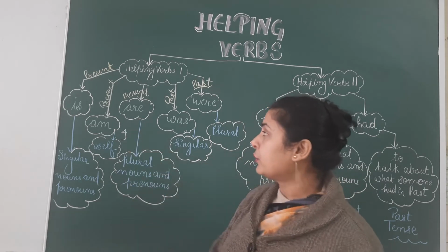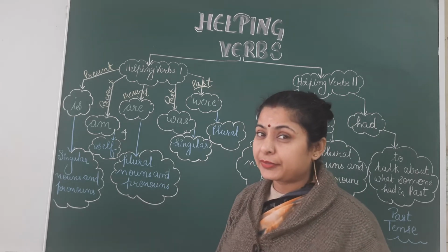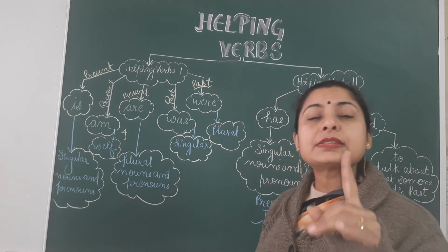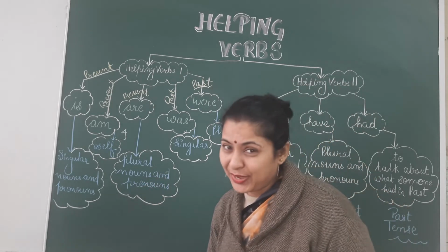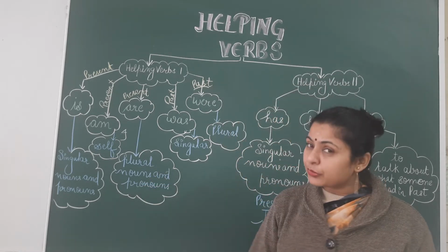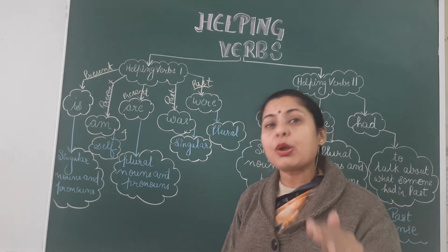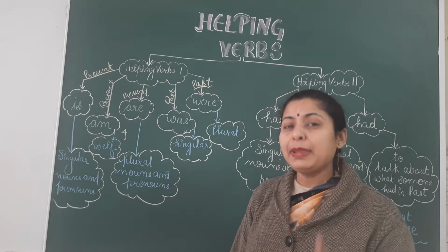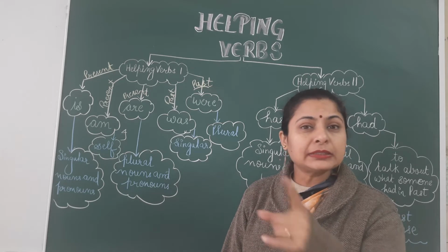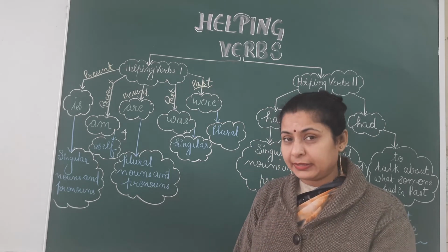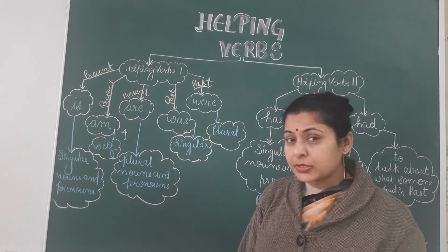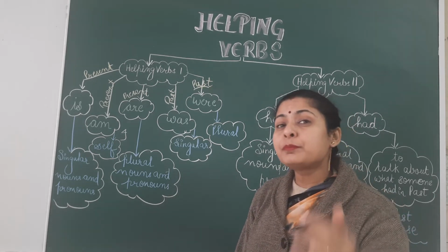Now the third word is are. Right? So are is always used with plural nouns and pronouns. Plural nouns and pronouns means the subject of the sentence should be more than one. Either the word ends in S, or there are two naming words, or the pronouns are plural.